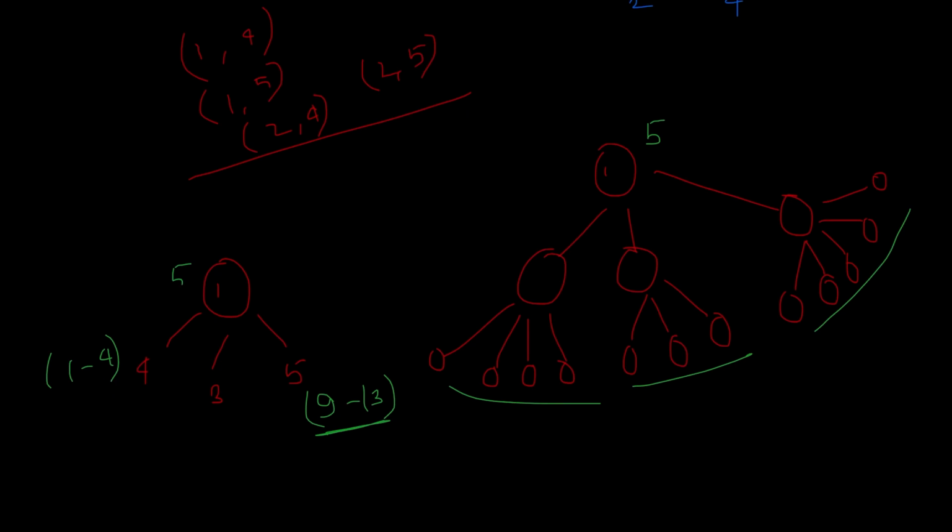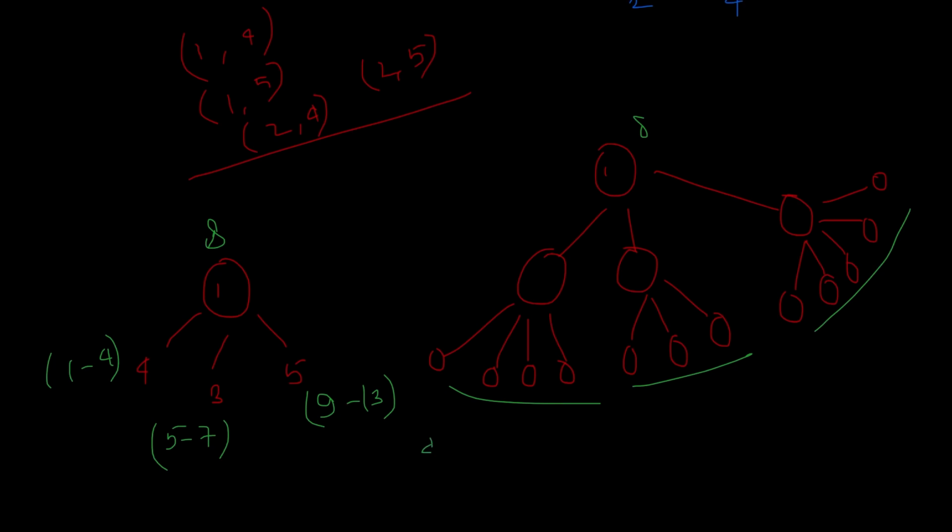What we can do instead is assign 1 to 4 here, then 5 to 7 here, then 8 here, and then 9 to 13 on the right side. So how many pairs do we get?